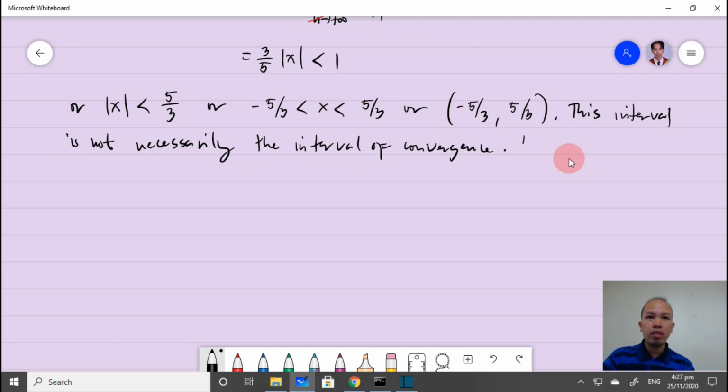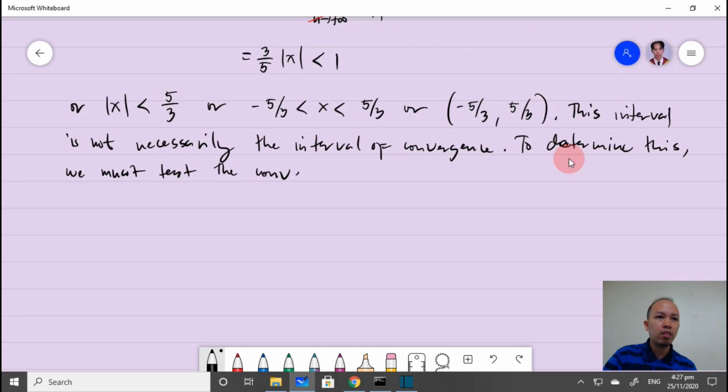All the values inside of this interval already belong to the interval of convergence. However, the endpoints we must test first. So to determine this, we must test the convergence at each endpoint.